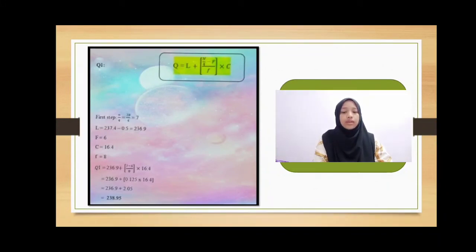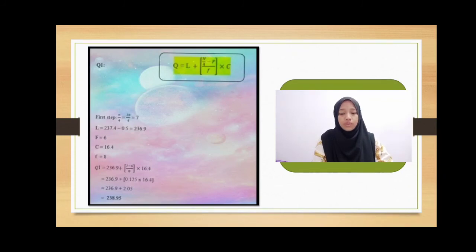So to find Q1, we use the formula: 236.9 plus 7 minus 6, divided by 8, times 16.4. So the calculation is 236.9 plus, in brackets, 0.125 times 16.4.